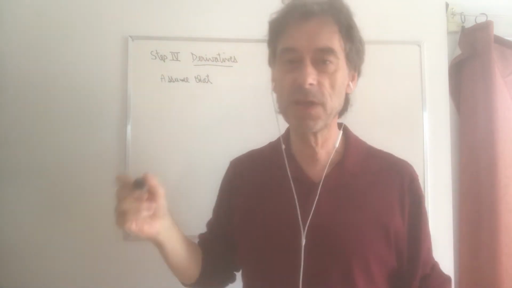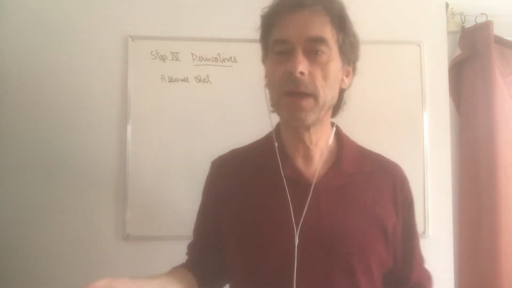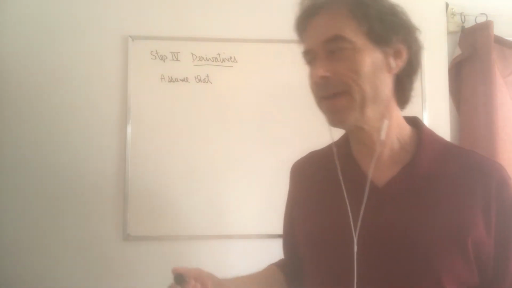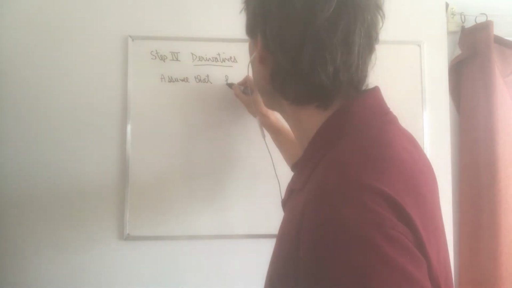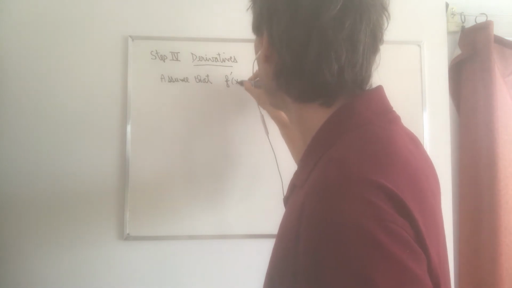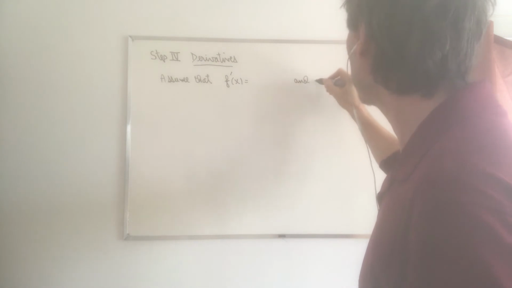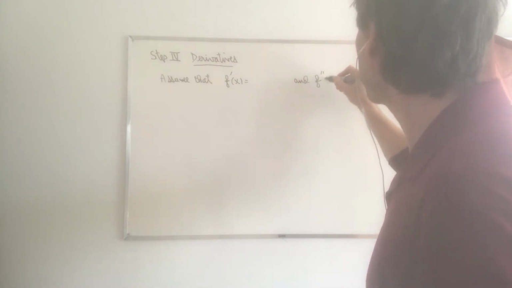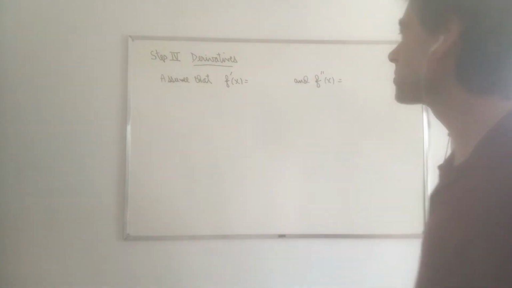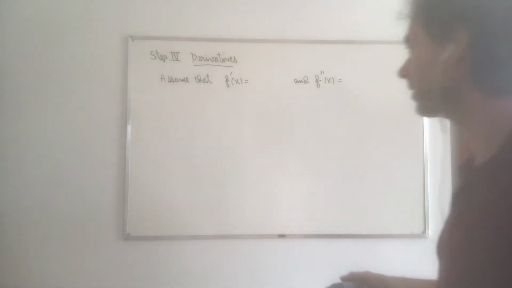So assume, and please, on an exam, if this is given, don't check it, don't calculate it. It's going to be correct, okay? Assume that f prime of x is given as what I'm about to write down, and f double prime of x is also given as what I'm about to write down.